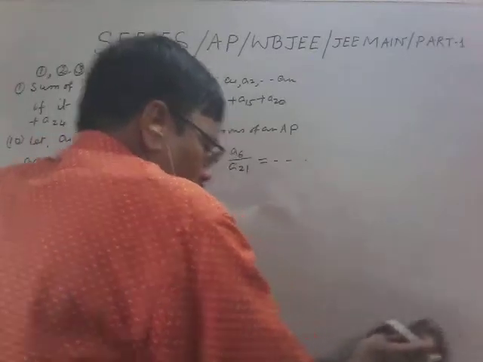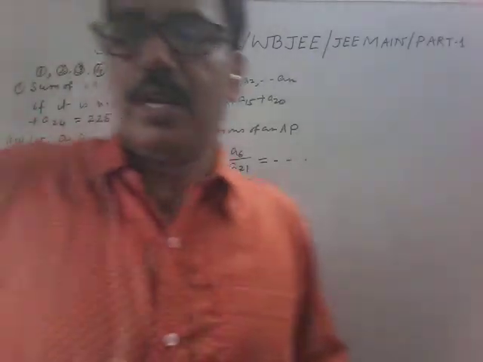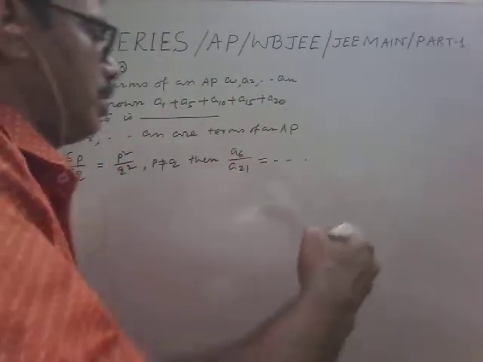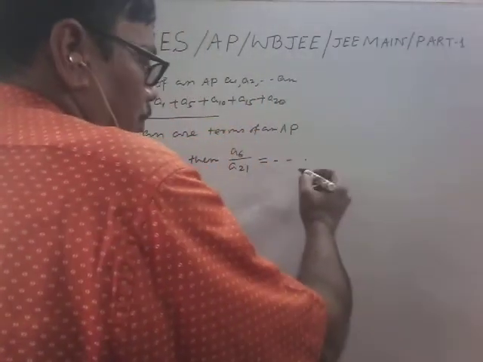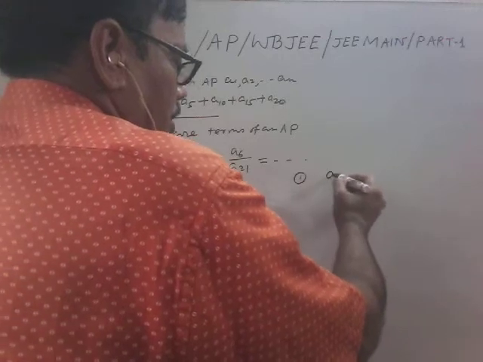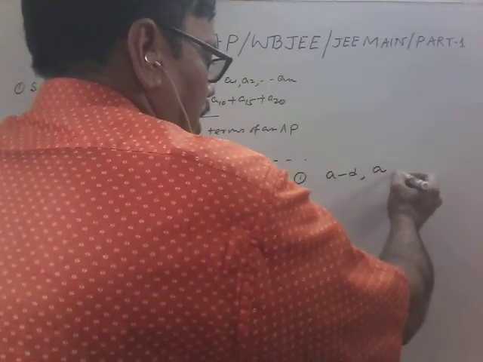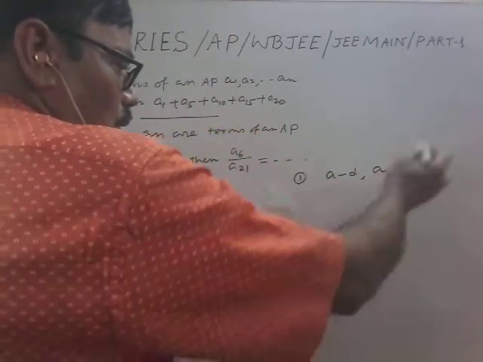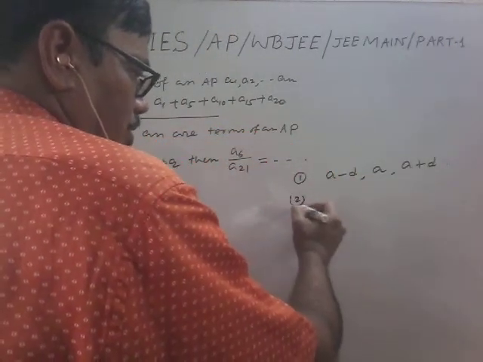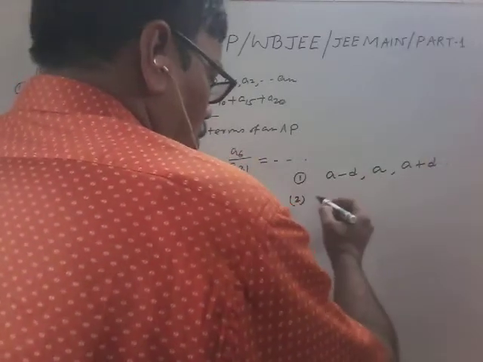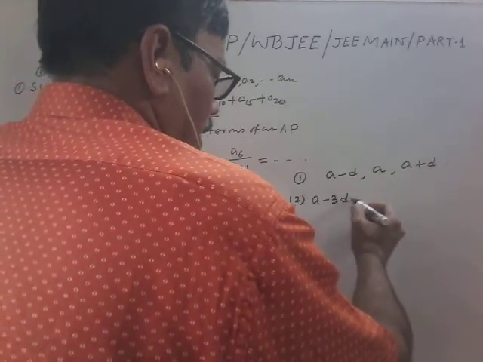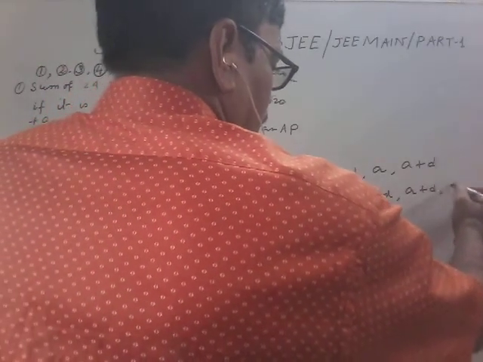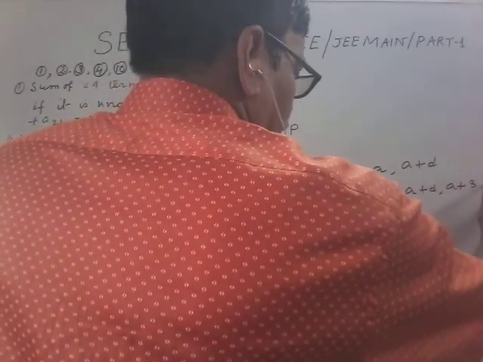And selection of terms. If 3 terms are in AP and their sum is given, we take them as a minus d, a, a plus d. Try to recall, all are results of class 10. If there are 4 terms, then a minus 3d, a minus d, a plus d, a plus 3d.